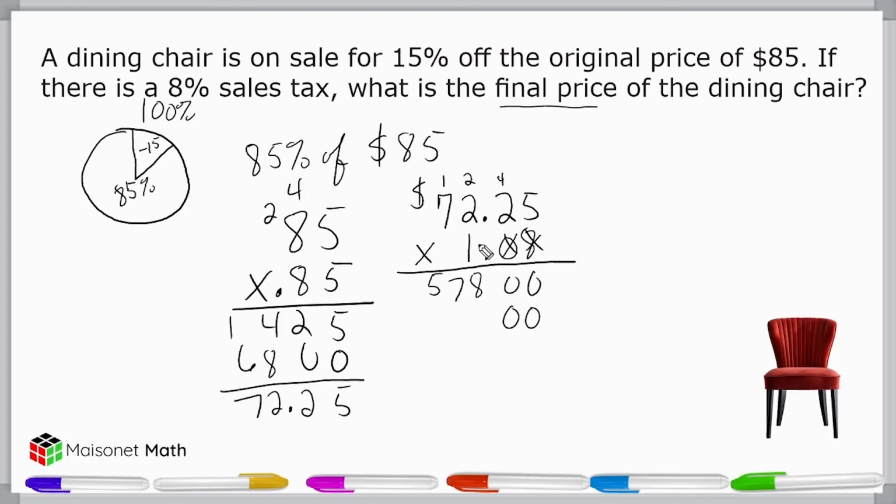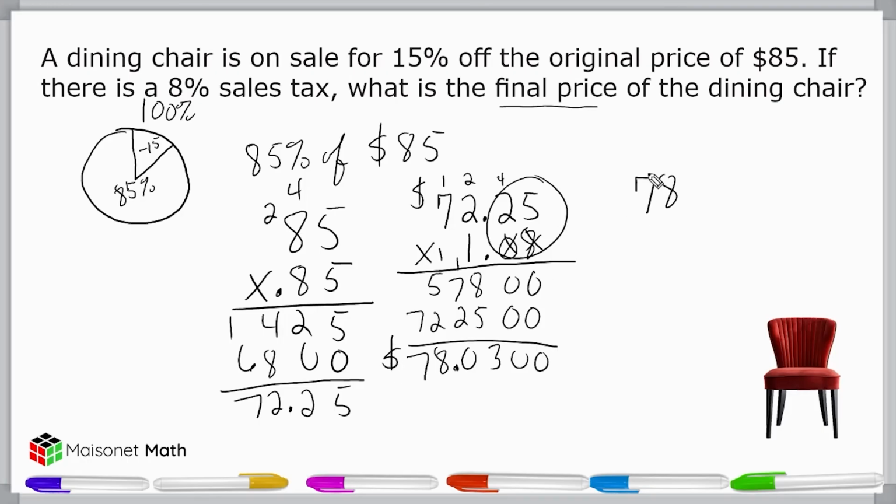And then 1 times 7225 is 7225. So we add our columns up. This is 13, 10, 8, and 7. 4 numbers after the decimal, so we place it here. And that would give us $78.03 for the final price of the dining chair.